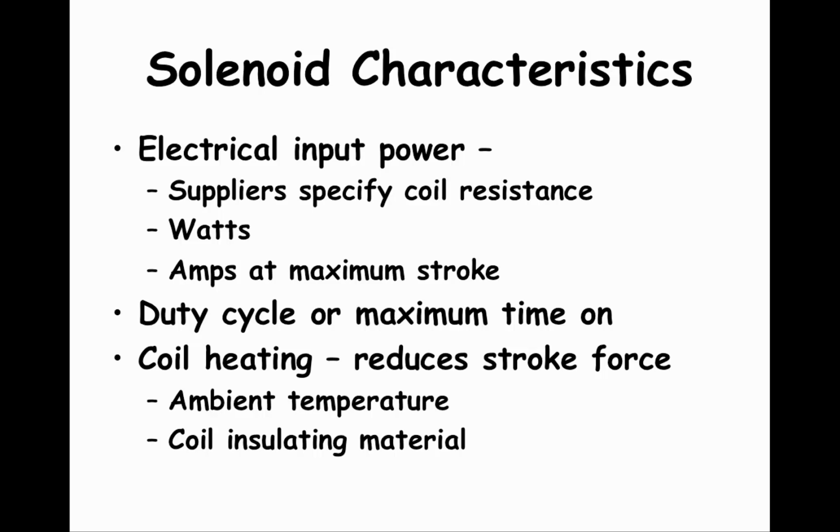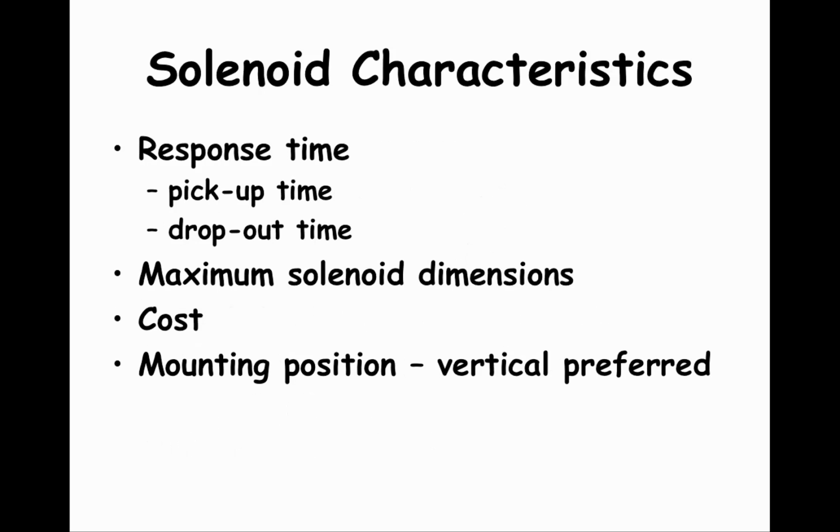And energized coils will produce heat, and heat reduces stroke force, so coil heating can be another important characteristic to consider if the coil will be used in warm or hot areas. Coil insulation levels impact the heating too.